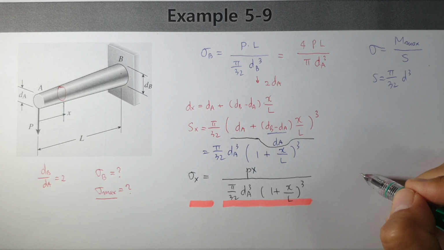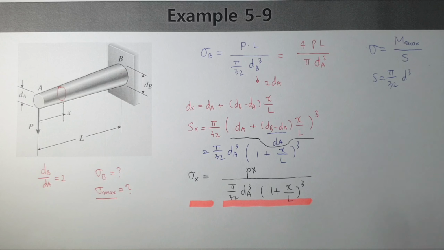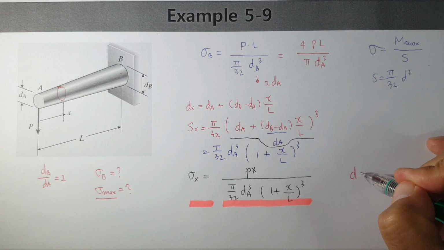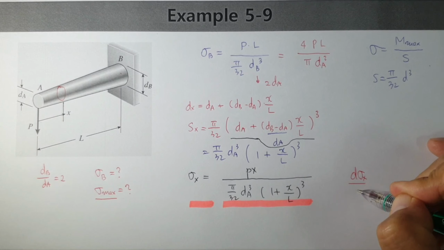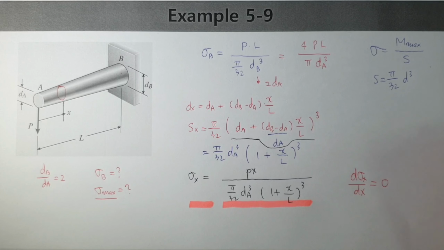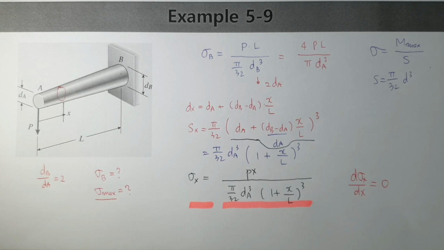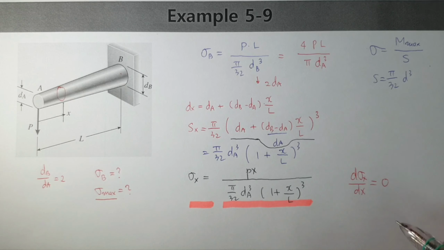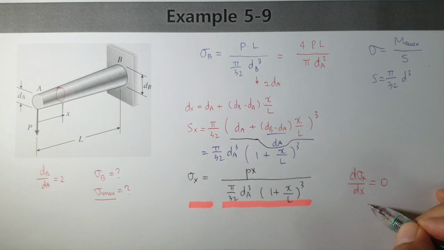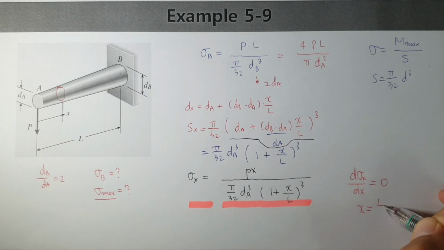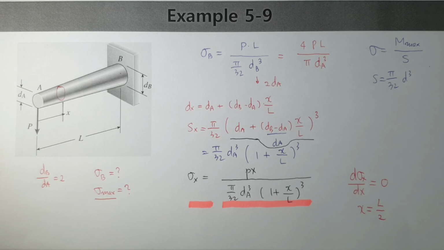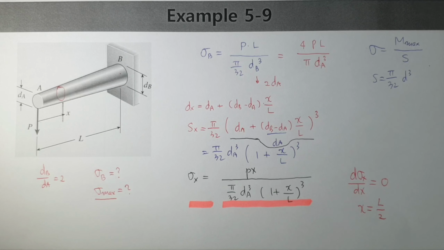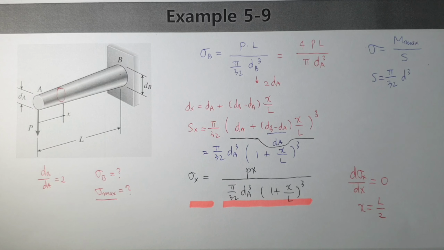In order to do that, we can take the derivative d sigma x dx equals 0. Then you can calculate x equals what? L over 2.